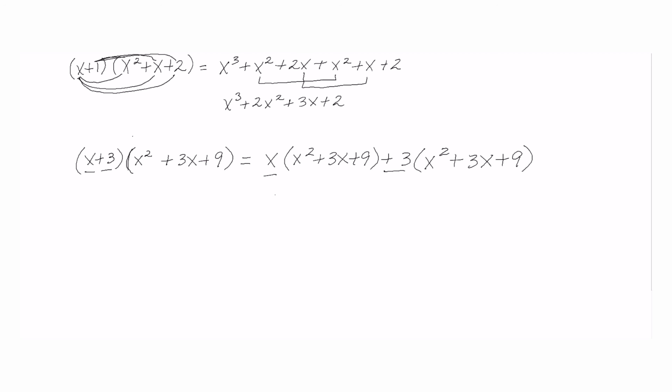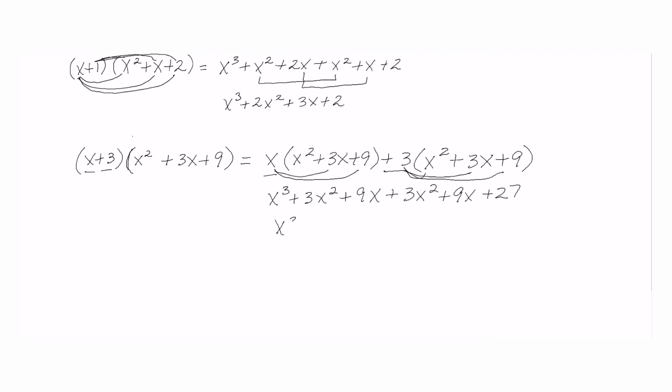So x times x squared gives us x cubed. So x times 3x gives us plus 3x squared. And then x times 9 gives us 9x. And 3 times x squared gives us plus 3x squared. And then 3 times 3x gives us plus 9x. And then 3 times 9 gives us 27.